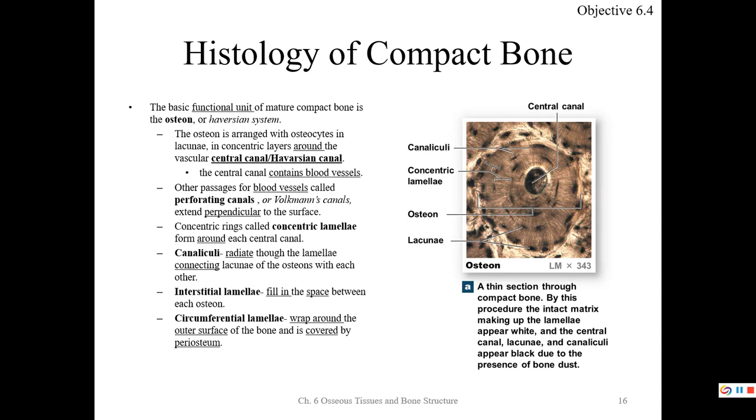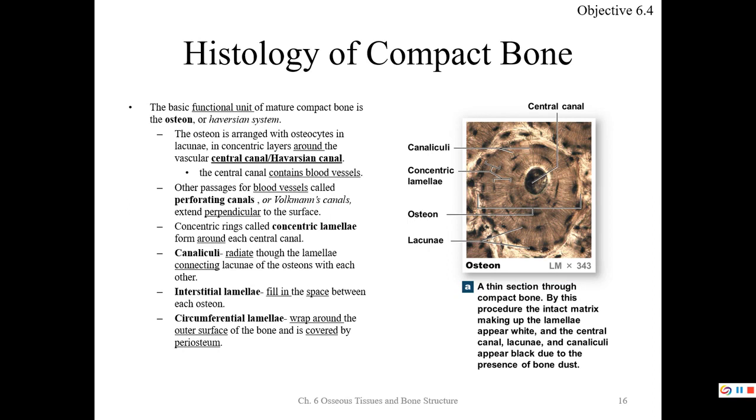The osteon, the functional unit, is going to allow for the bone to have the compactness to it. The osteon is arranged with osteocytes in lacunae, and they're in concentric layers around the central canal. The central canal has blood vessels in it.